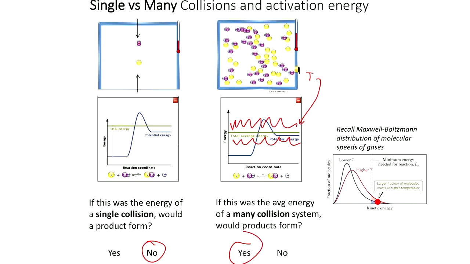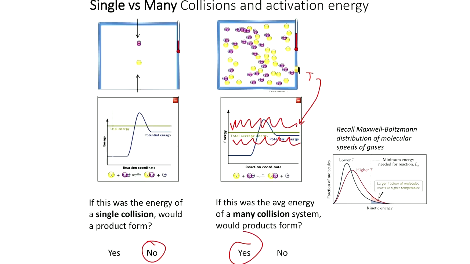You have a small fraction of particles moving faster. So you might have a handful of collisions that actually can go over that activation barrier as long as the total average kinetic energy is high enough. In this case, we want it to be higher than the energy of the products that we want to make.